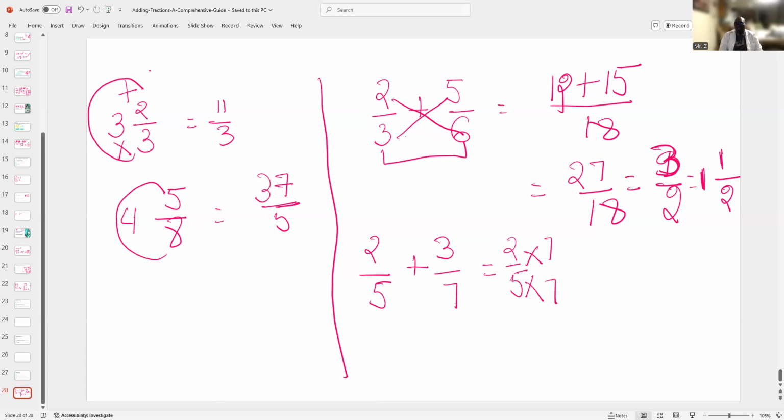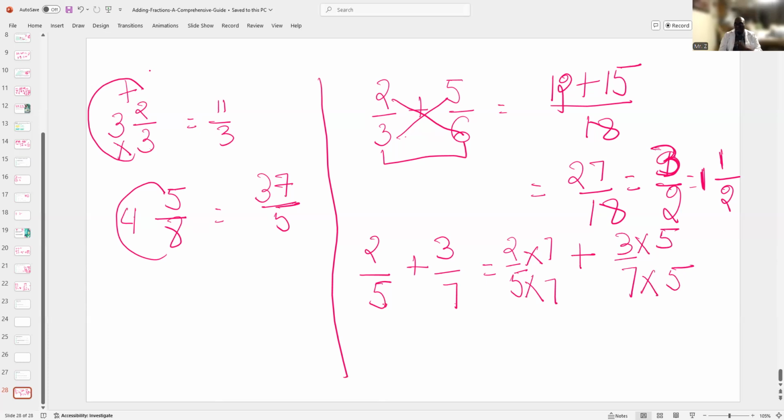Put my plus sign. Then I write the second fraction, and multiply its numerator by the denominator of the first fraction, and its denominator again by the first.